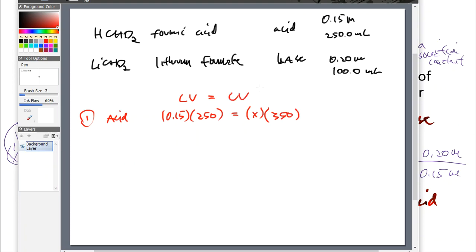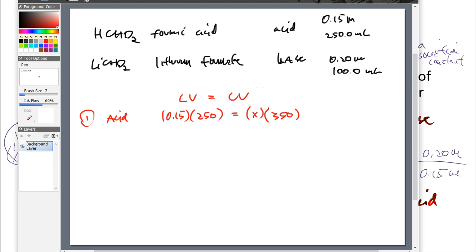So CV. This goes back to basic general chemistry, working with the dilution problem. I've taken 0.15 molarity solution and I have diluted that to a total of 350 because I'm getting ready to mix two pieces together. If I plug this into the calculator, and we'll do it baby steps, folks, that way you can follow through with me.